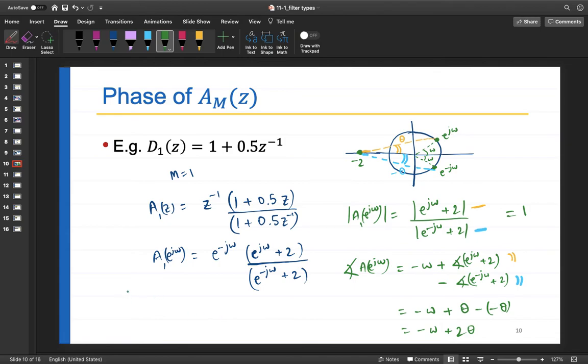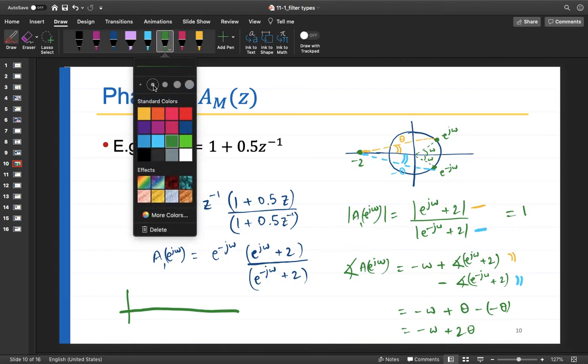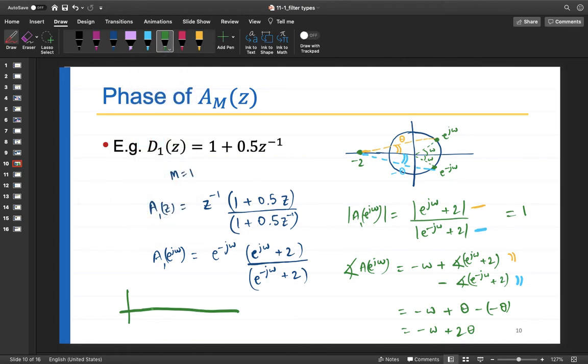So let me say if I have to plot the phase response between 0 to π, then what I find is the θ increases and then decreases. So the 2θ term increases and decreases. So this is for θ. And the ω term always decreases and it is just linear, right?